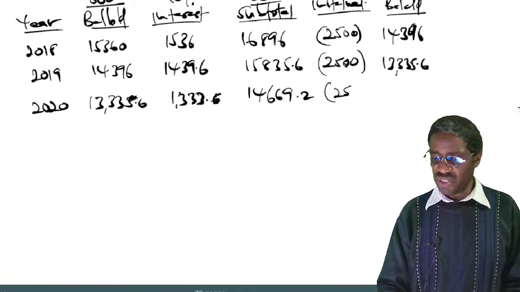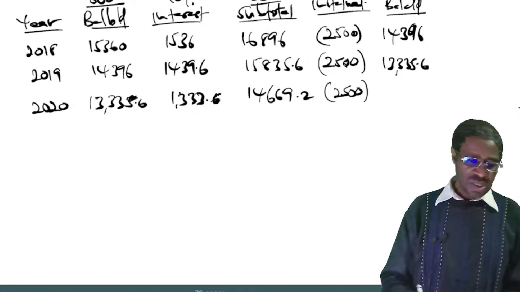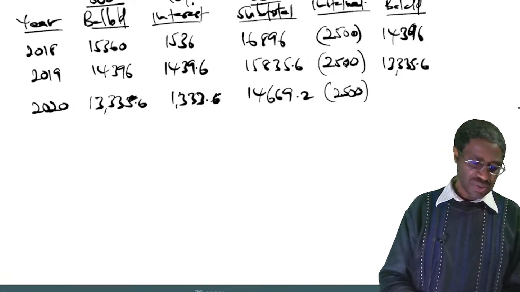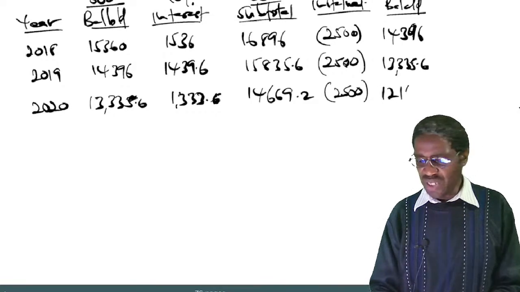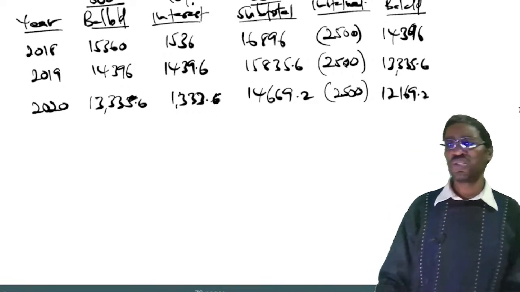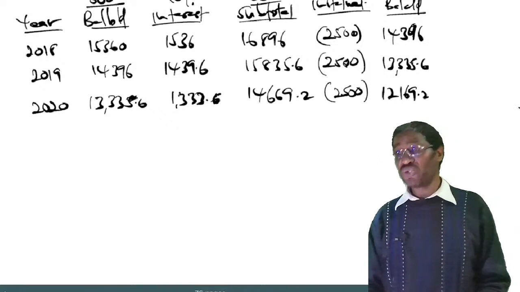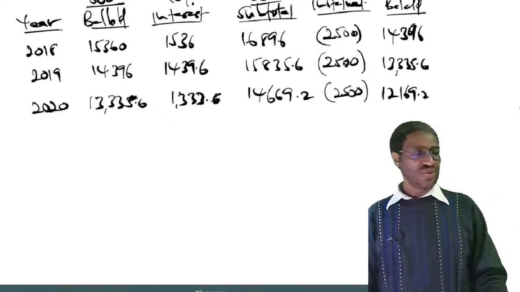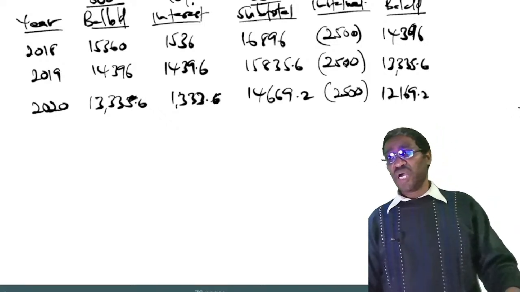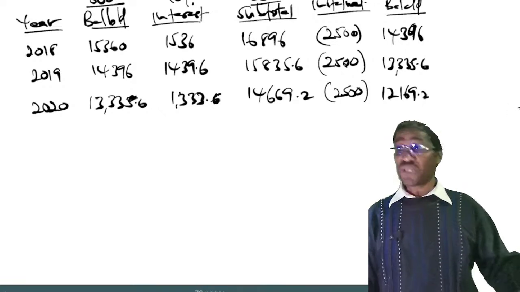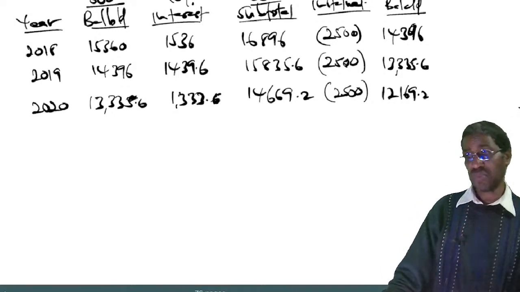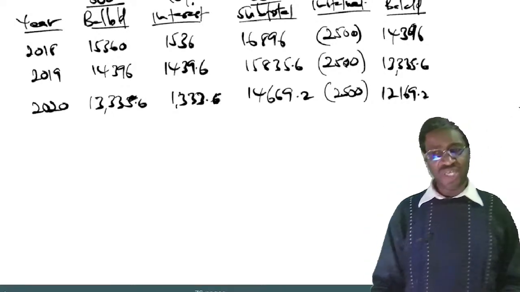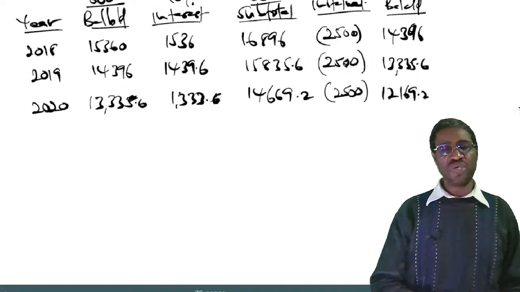Again, I paid 2,500. Now I'm remaining with how much? I'm remaining with a balance of 12,169.2. That is all I need for the table. I told you we don't need to do it for 10 years. The examiner wants you only to do it for 2 years. So let's continue now.